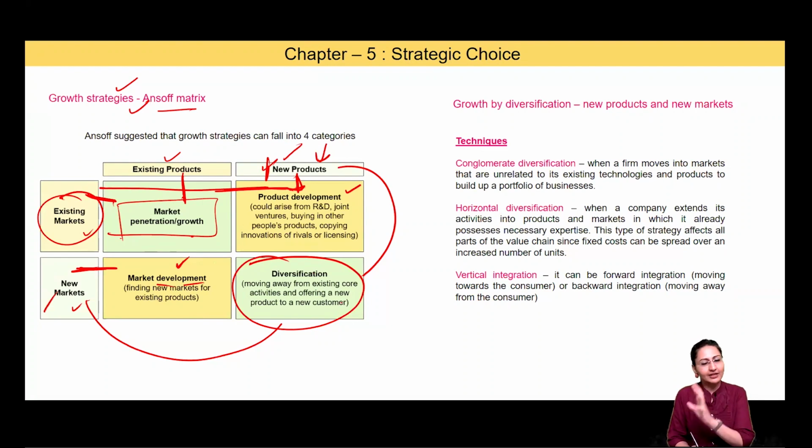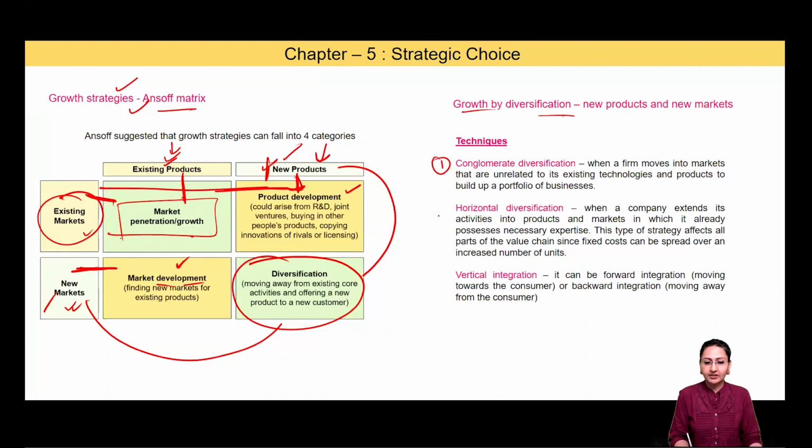That is a case of diversification. When an existing product is being launched in a new market, you have to develop the market, not the product. The product is already there with you. And when nothing is changing, that means the product is existing, the market is existing, just penetrate the market.